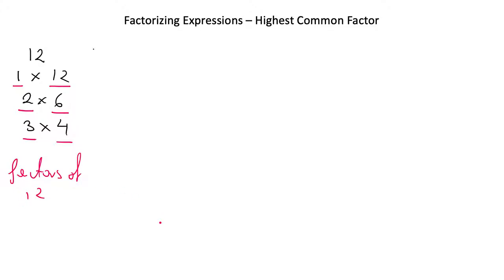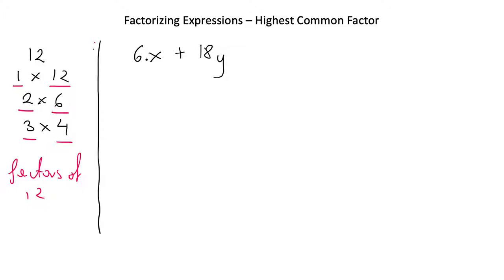That's no problem. It gets a little bit more difficult if we have to factorize expressions that are algebraic. So an expression like 6x plus 18y. How do I deal with this? That's a great question.